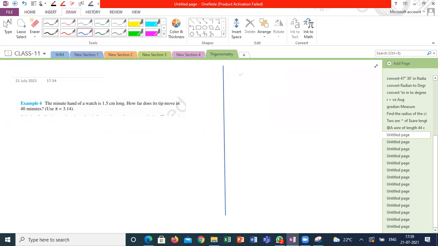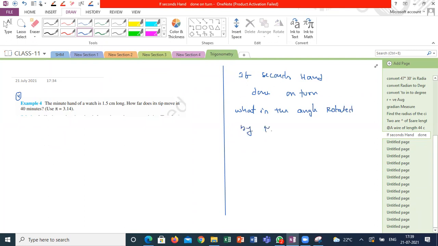Suppose the seconds hand has completed one turn. What is the angle rotated by the minutes hand?